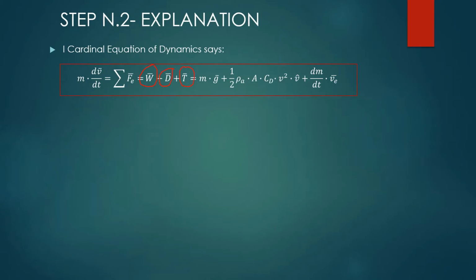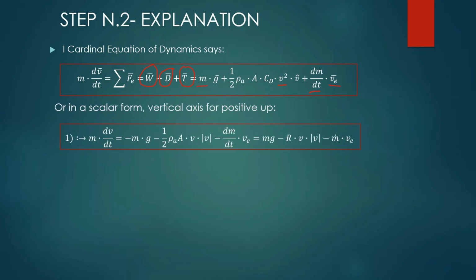The weight depends upon the mass, the drag upon velocity squared, and the thrust upon mass flow and exhaust speed. Let's express it in scalar form, only one-dimensional and vertical. The thrust actually exists only as long as the water is inside the bottle. This is the first equation we need.